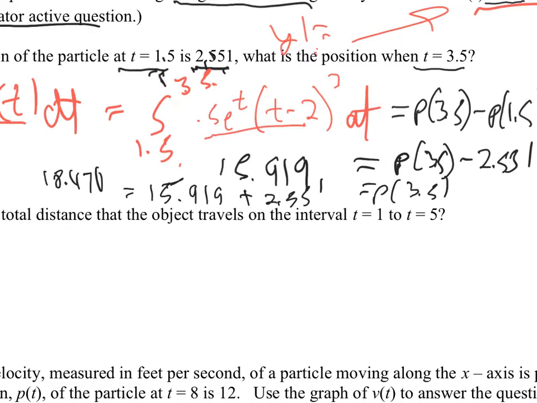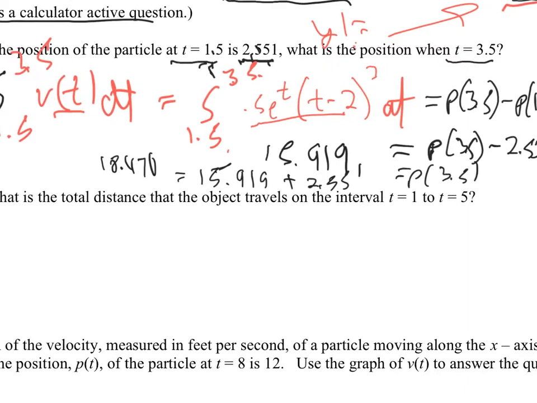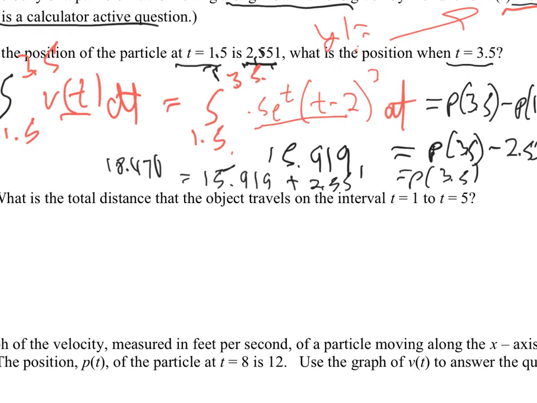Double check, 9, 1, 0, that's a 0. Yeah, I'm good with it. So this is the position we are in at 3.5 seconds. We were originally at 2.5, now we're at 18.4.